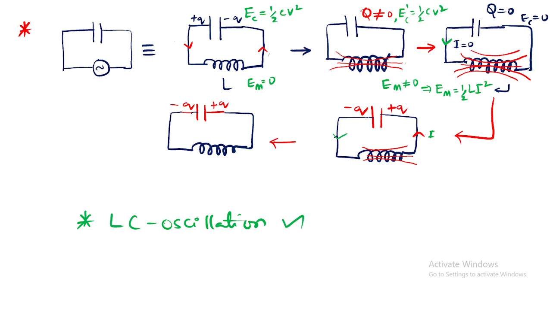Here in this situation EC value is not equal to 0, and here also EM magnetic energy is not equal to 0. But in the last case magnetic energy is completely 0, but again EC value is half into CV square. Complete energy is there. Are you getting? For this circuit, EM value would be half into Li square, for the previous one.